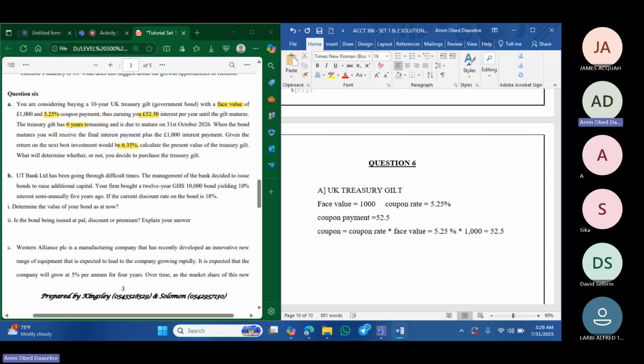And we also have the maturity. Yield to maturity, with 6 years.